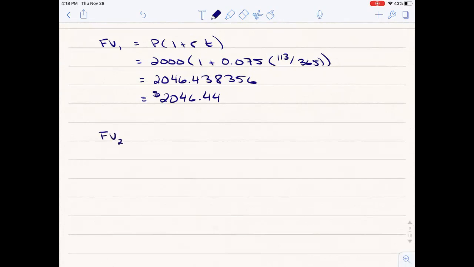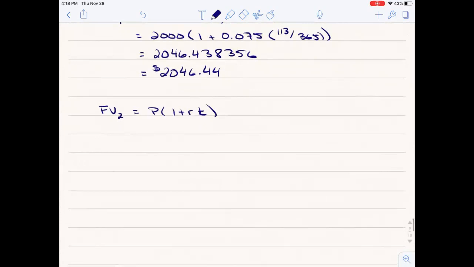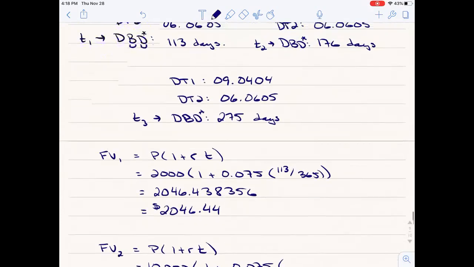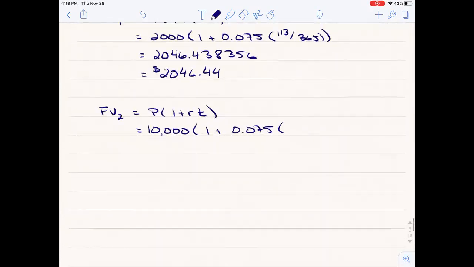Same deal, future value 2 is P times 1 plus RT. P for future value 2 is 10,000 times 1 plus R, which is still 0.075, times T, which is 176 days. So 176 over 365 for future value 2.